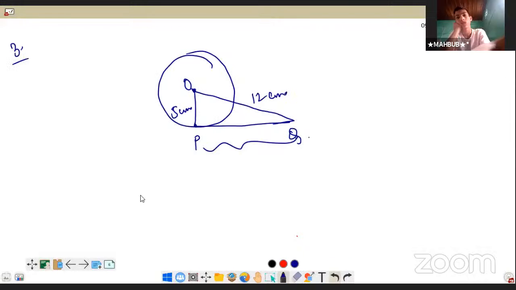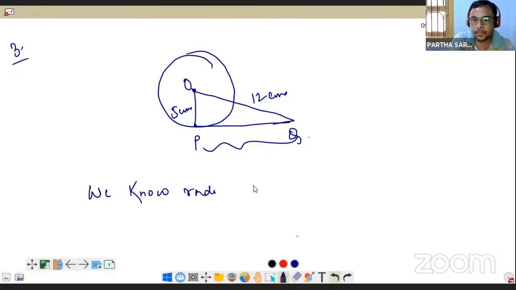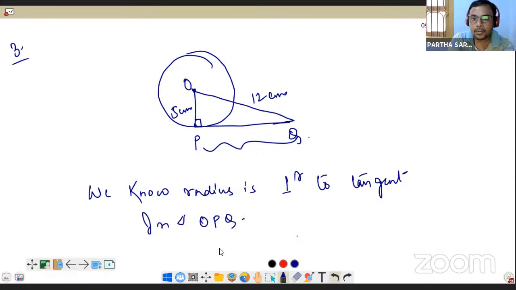We know the radius is perpendicular to the tangent. This one we know, isn't it? So if it is perpendicular, we can use the Pythagoras theorem. So write this in triangle OPQ: OQ square. You know the Pythagoras theorem: hypotenuse square equals perpendicular square plus base square, isn't it?